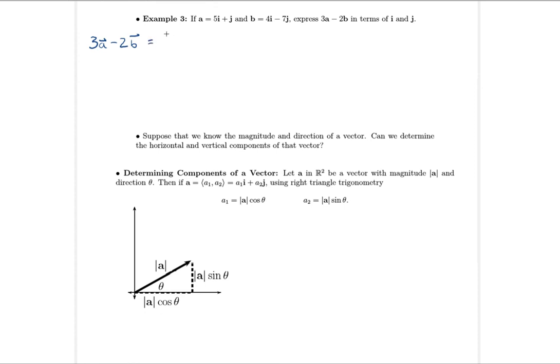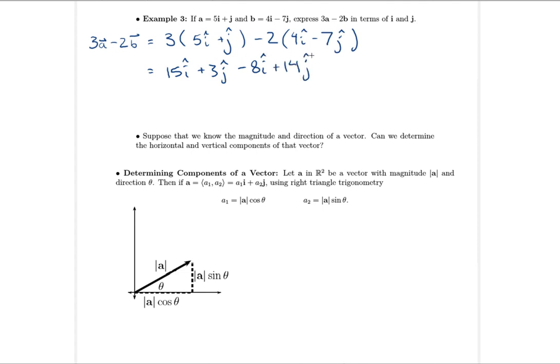So what I can do here is say 3 times 5i plus j, minus 2 times 4i minus 7j. And that's going to give me 15i plus 3j minus 8i plus 14j, right?